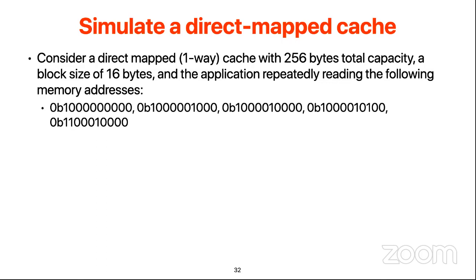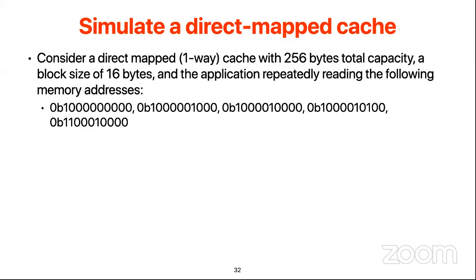If you don't remember what a direct map cache is, here is the reminder. A direct map cache is a cache with only one way in its set, which means that each set only contains one block.